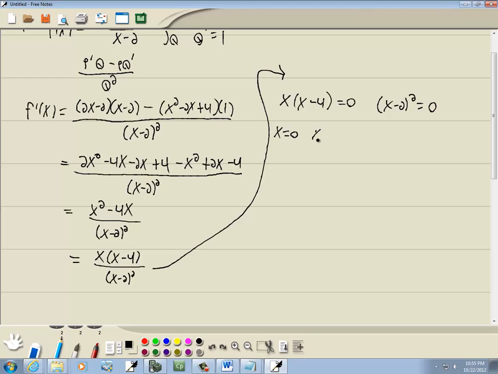So I'll set x equal to 0 and x minus 4 equal to 0. And this one here, I can drop the squared. Remember, if you got parentheses to a power equal to 0, you can drop the power. So we got x minus 2 equal to 0. So I got 0, I got 4, and I got 2. Those would be my three critical values.